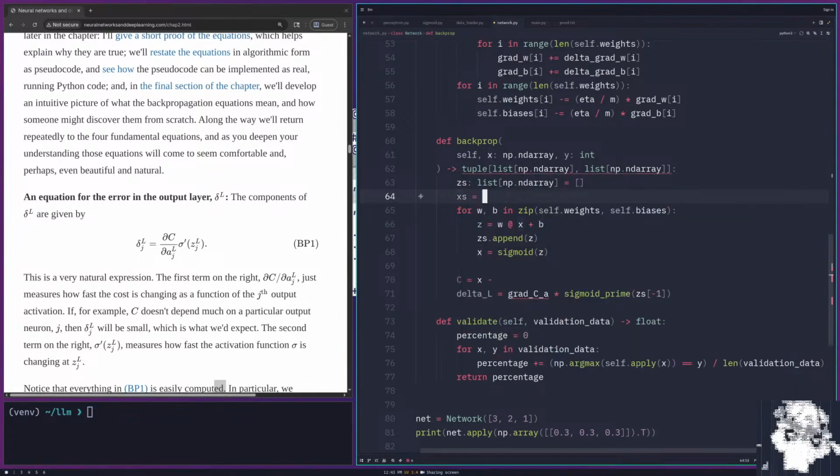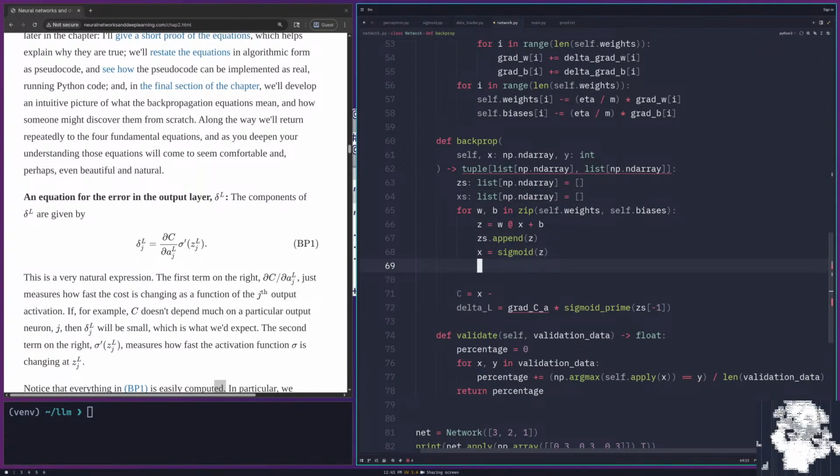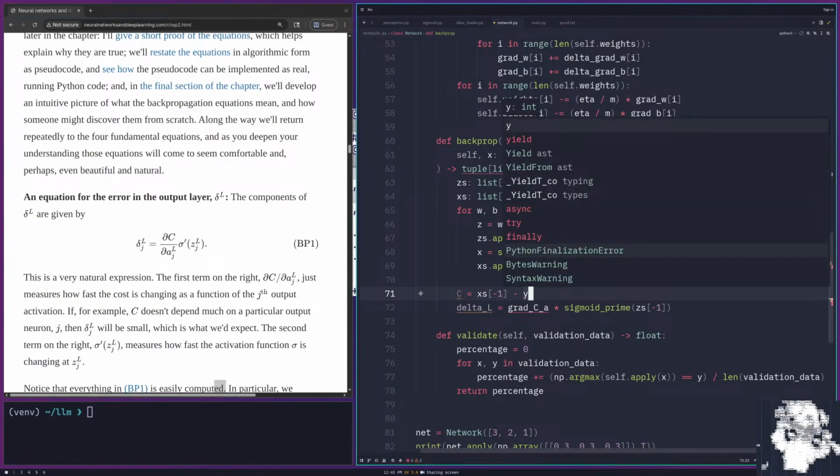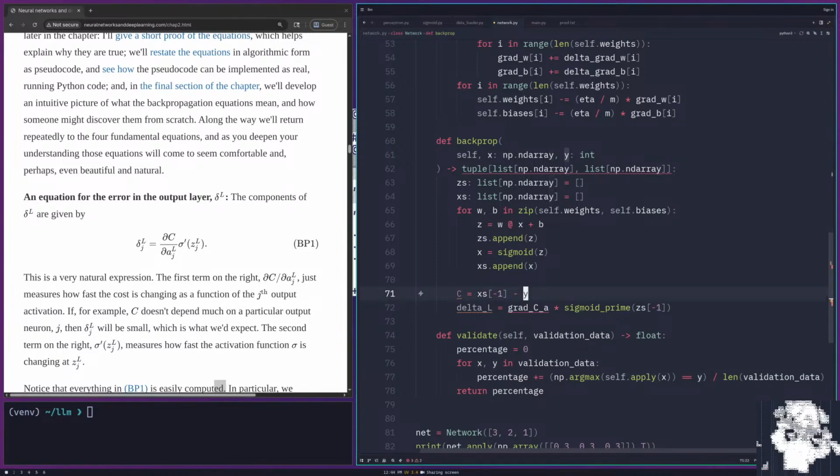Xs equals a list of these. Xs.append X. So C is the last X minus Y. This is vectorized Y, so I haven't defined vectorized, but I'll be able to do that easily.